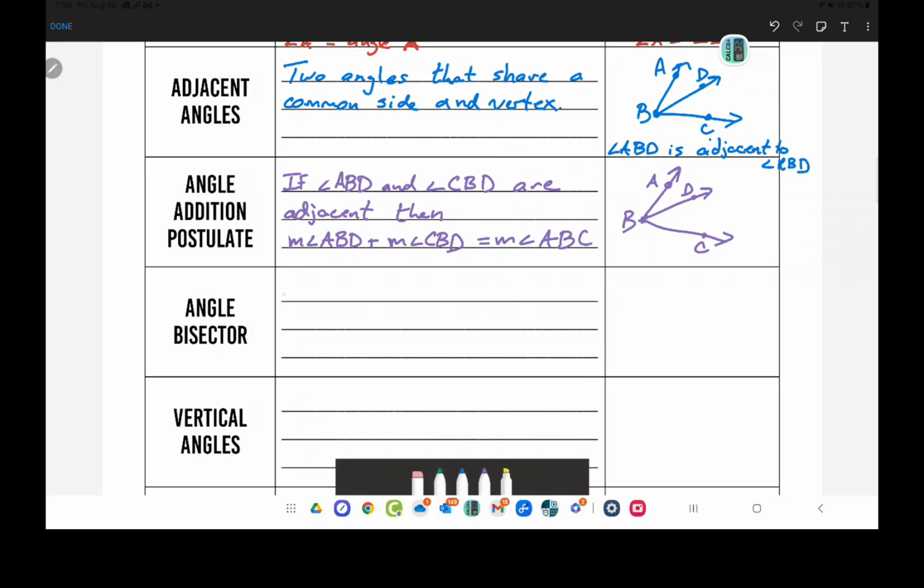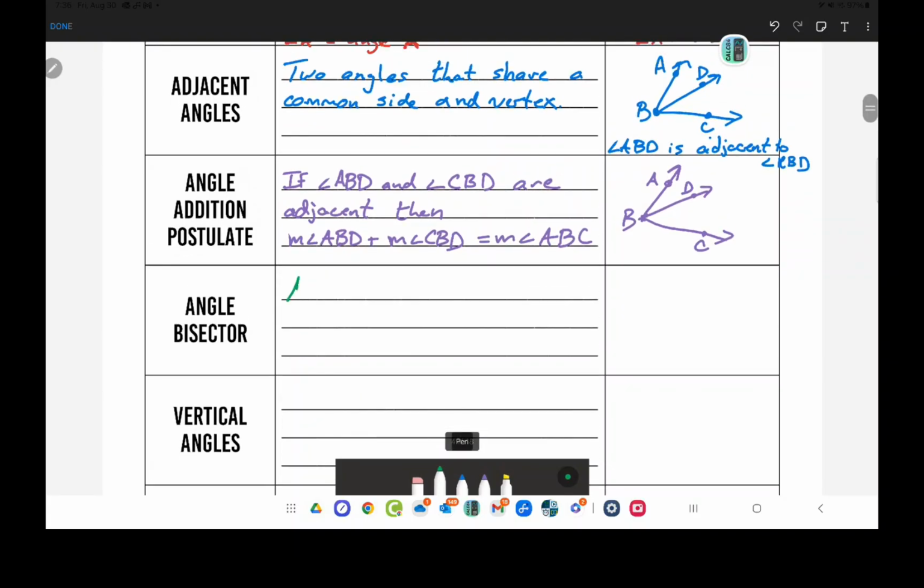Right, angle bisector: a line or ray that divides an angle into two equal parts. Now this is going to be important.